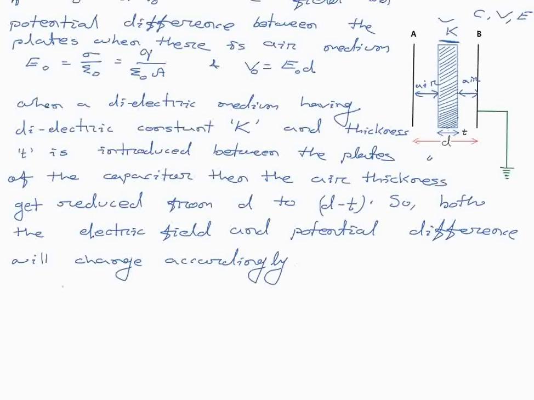See, here potential V is equal to E naught into d minus t plus E into t, where E is the electric field strength inside the dielectric medium and E naught is the electric field strength of the air medium between the plates of the capacitor.